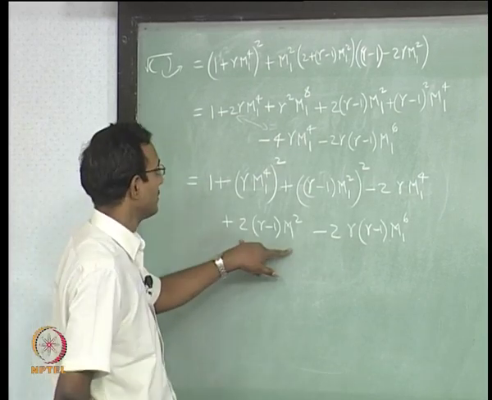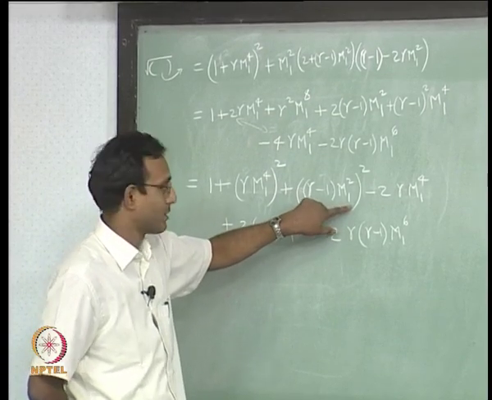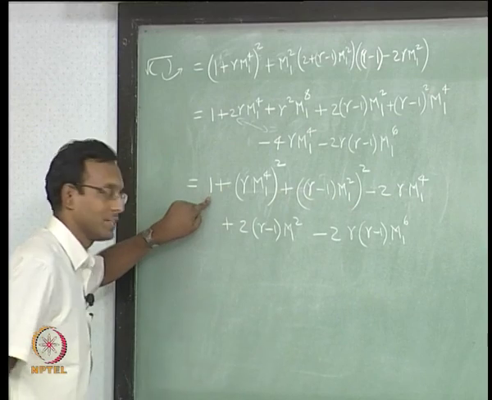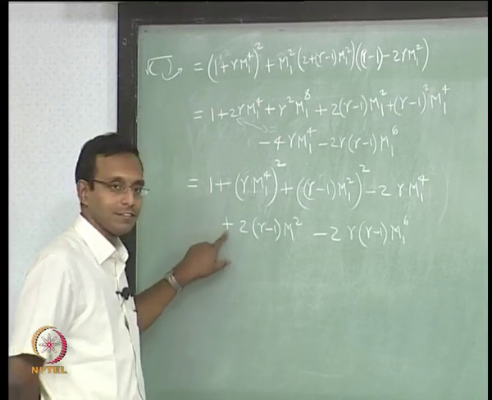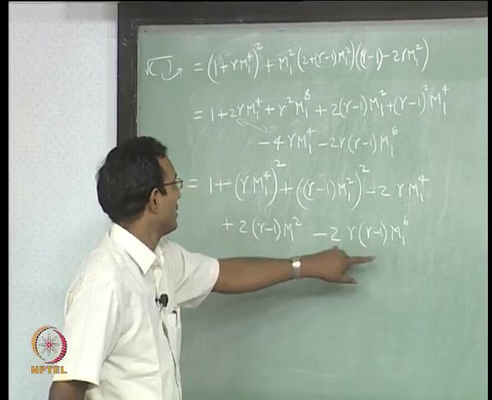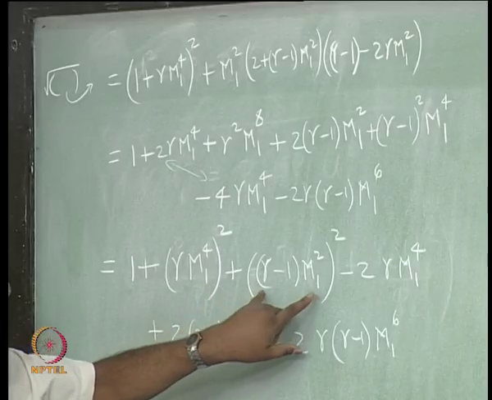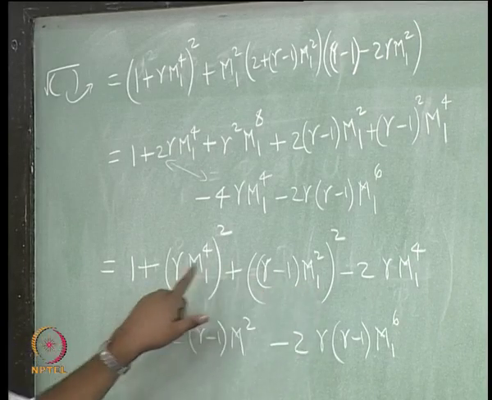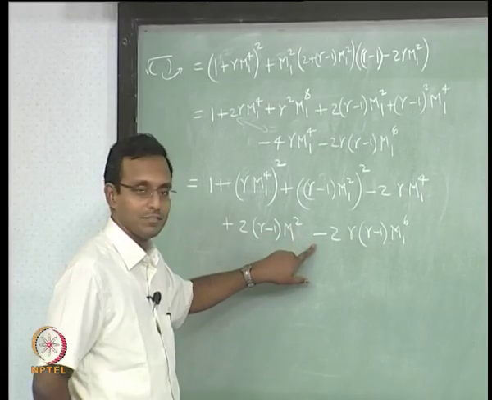And then I look at this one, this is (gamma minus 1) m1 square only inside the square, that term multiplied by this 1 square where 1 is there multiplied by 2, this is a plus sign, that is here, and then I have this term which is gamma m1 power 4 multiplied by (gamma minus 1) m1 square, that is giving you your m1 power 6 multiplied by 2, and there is a minus sign.